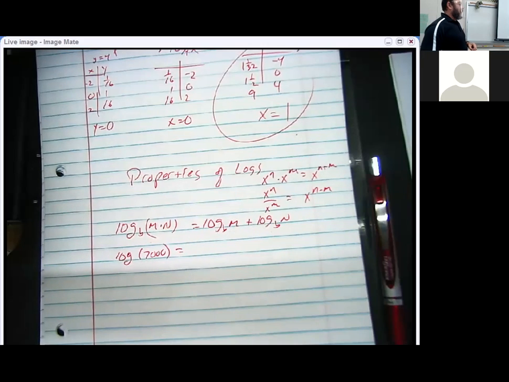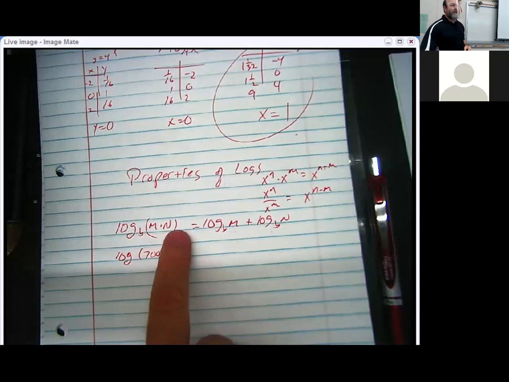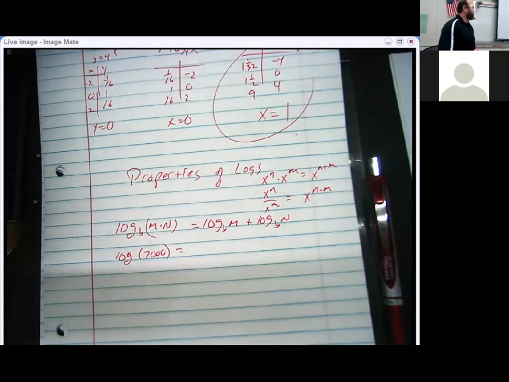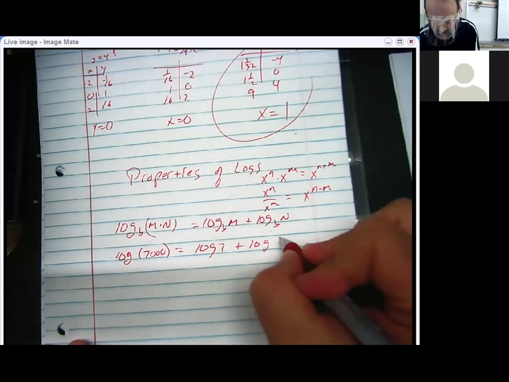Now please understand what I just did. I just did the log of 7,000, which means it's going to be base 10, okay? Can you guys tell me, how could you break up the number 7,000 as the product of two numbers that are simple? Well, isn't the log of 7,000 the log of 7 times 1,000? So what Napier would have done is he would have said the log of 7 plus the log of 1,000.